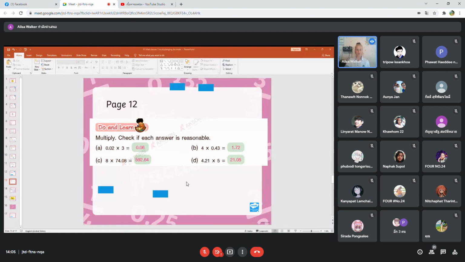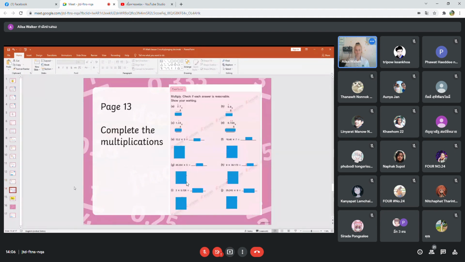Okay, in your book, can you check your work? Write the answer. Okay. Then turn to page 13. We have done lots of practice now of how to multiply decimals.